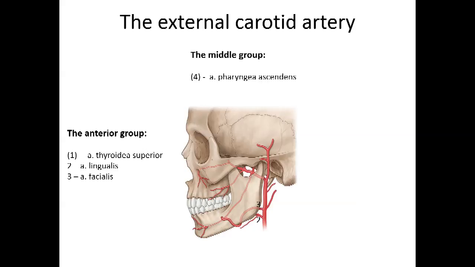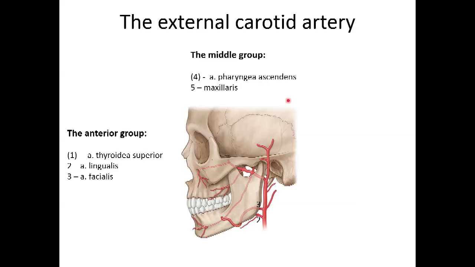And why it isn't demonstrated? Because it originates very low, lower than this picture can show us. At the neck, it's the place of bifurcation of arteria carotis externa and interna. So we know that there is such kind of vessel, arteria pharyngea ascendens, but in this picture it isn't demonstrated.